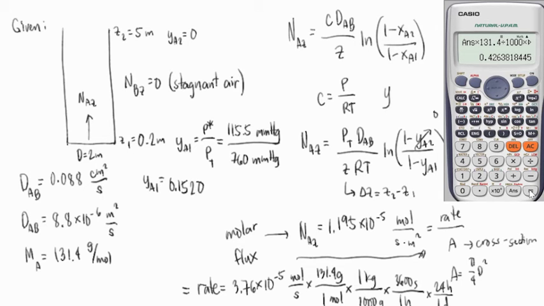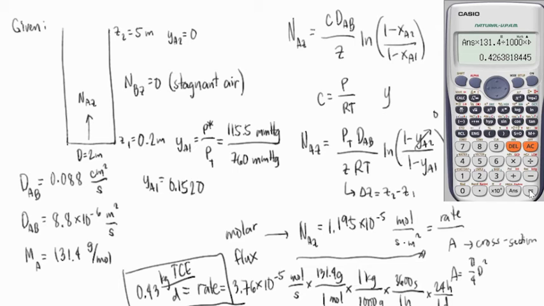Our rate of evaporation is 0.43 kilograms of TCE per day. This means that we are still well within the limit of 1 kilogram per day. That means that we are not violating any regulation.